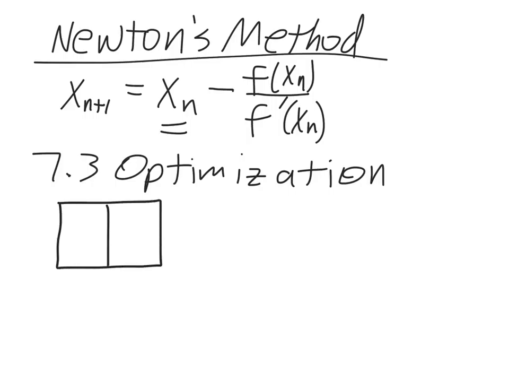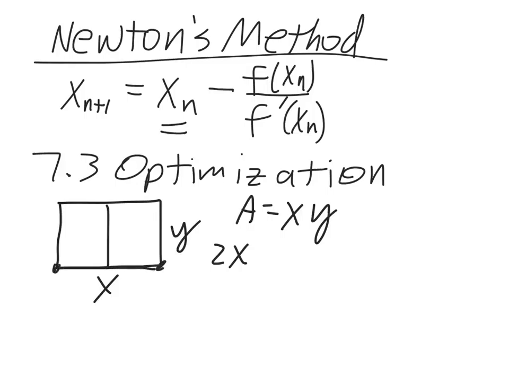Maybe we make two different rectangular pens here, and so if this is x and this is y, still the area is going to be x times y, but then for our fence, we'd have 2 lengths of x, but how many y?